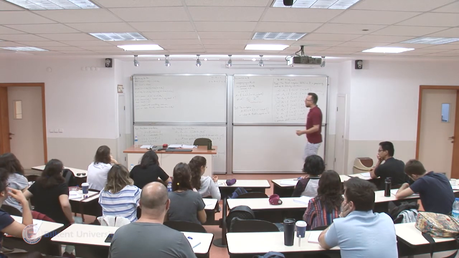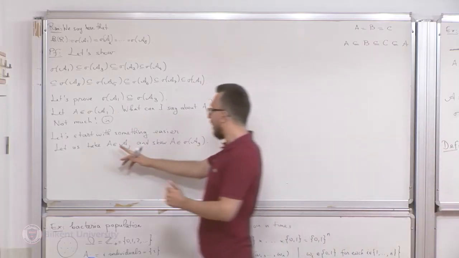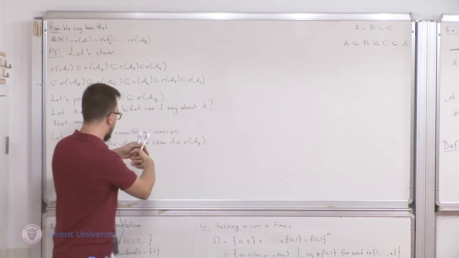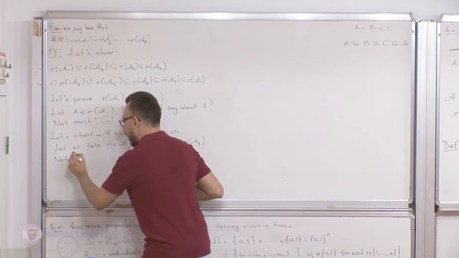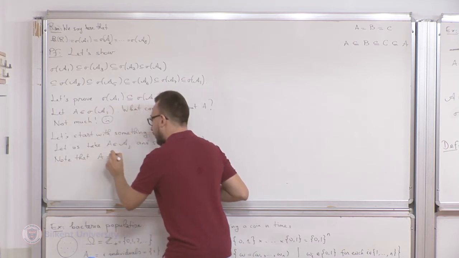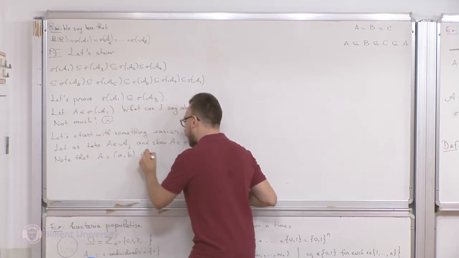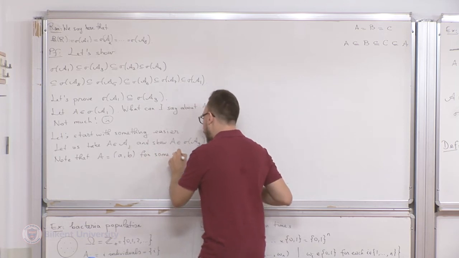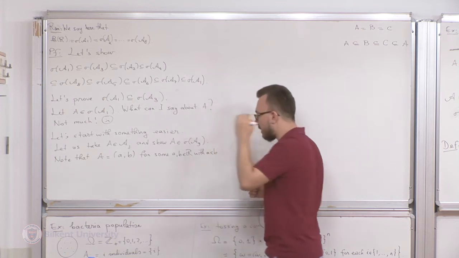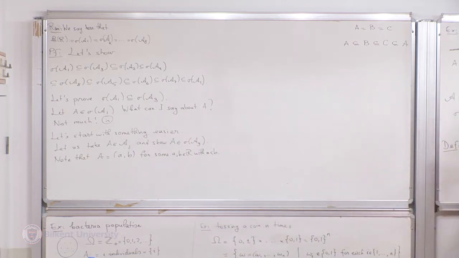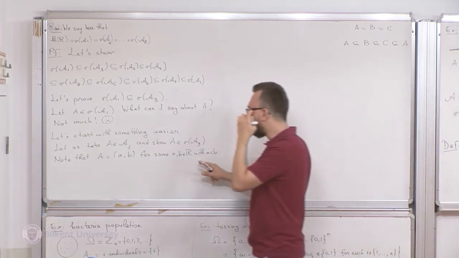So now let's write down A. Well, A is in A1, so note that A is (a, b] for some a, b with a less than b. Let's not include the empty case. Let's deal with the meaningful case.